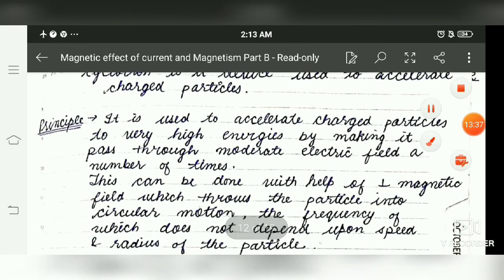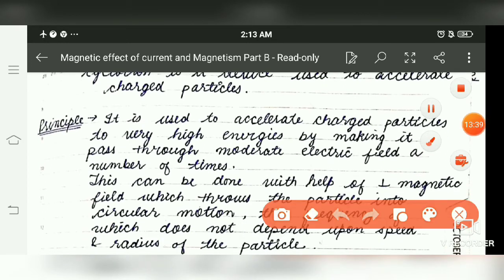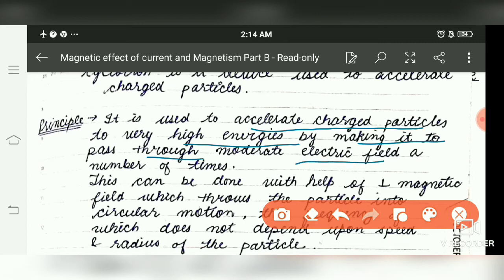Now it's based on which principle? It's based on the principle that it is used to accelerate a charged particle to very high energy by making it pass through a moderate electric field a number of times. This can be done with the help of a perpendicular electric field.